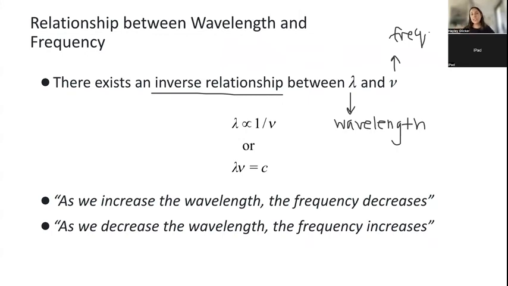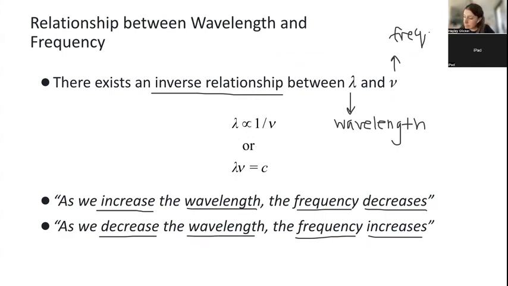The inverse relationship means that as we increase the wavelength, my frequency is going to decrease, and vice versa. If I decrease my wavelength, my frequency is going to increase. We saw that visually, but let's describe that mathematically now. This symbol right here means proportional.